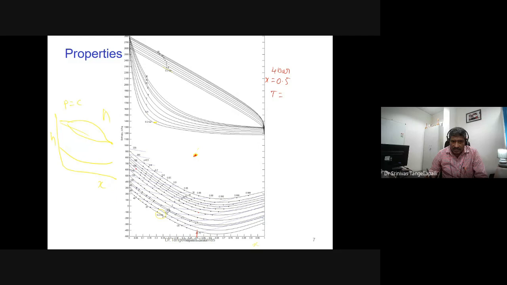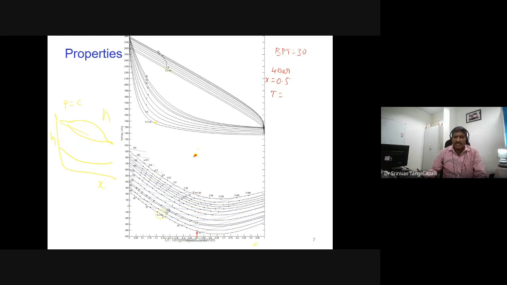This is 200, 50, 40, 20. This is about 20. Yes, 30. Okay, 30. Look, I'm drawing approximately, not exactly, just to demonstrate the point.